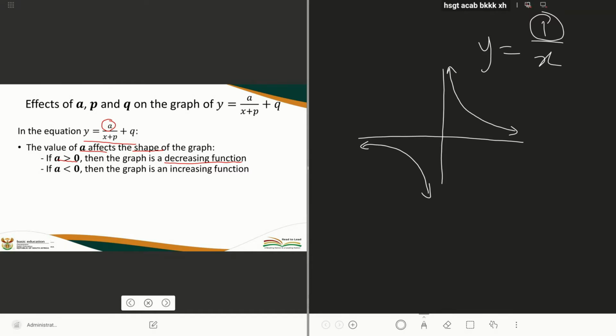But these quadrants are with respect to your asymptotes, because on your mother graph you're supposed to have p and q. In this case your p is 0 and your q is 0, meaning that your asymptotes are right on the x-axis and y-axis. So with respect to the asymptotes, when a is greater than 0, your graph is going to be on the first and third quadrants, and it is a decreasing function.